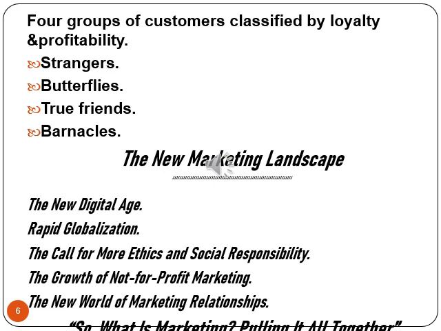The second group of customers are called butterflies. They are called this because even though they buy in large amounts and are very, very profitable, they are not loyal. There is a fit between what the company has to offer and what they are looking for. However, they do not stay for long.